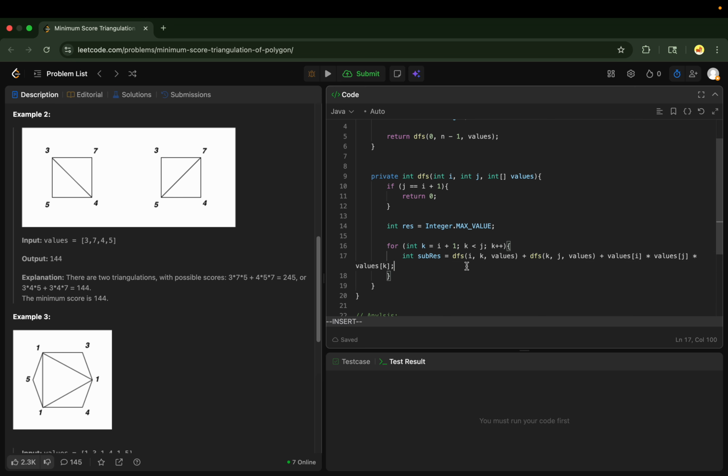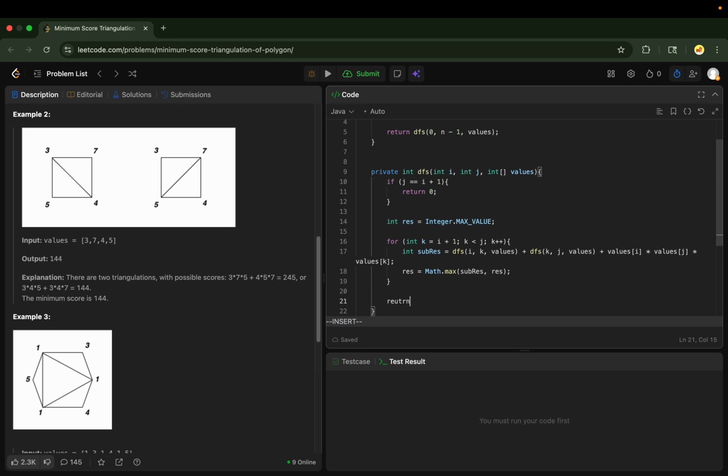Now we update the result and return the result.